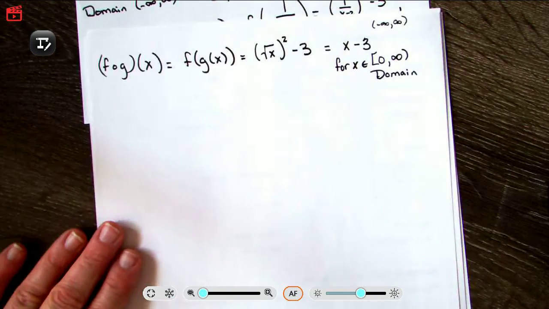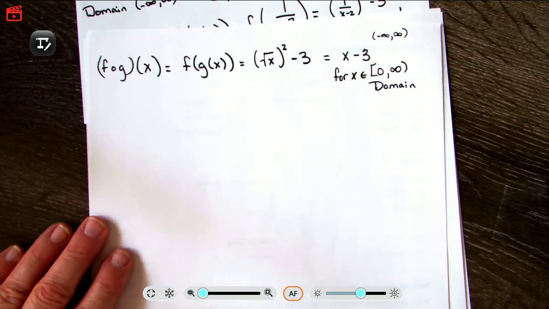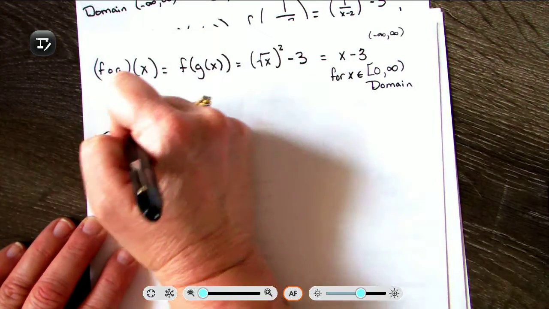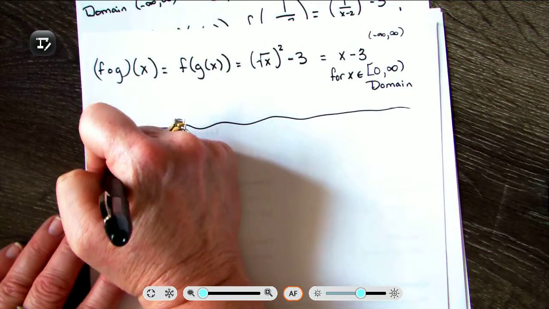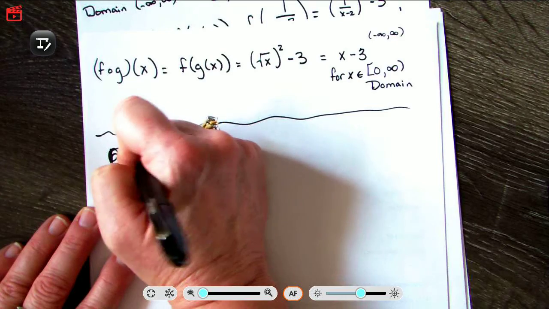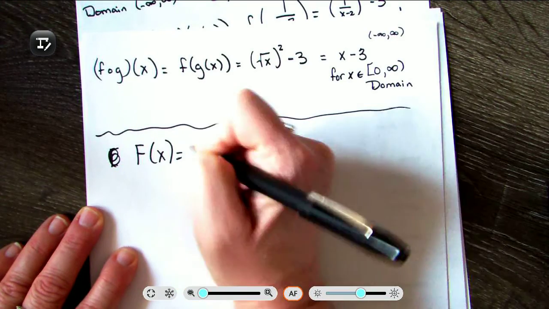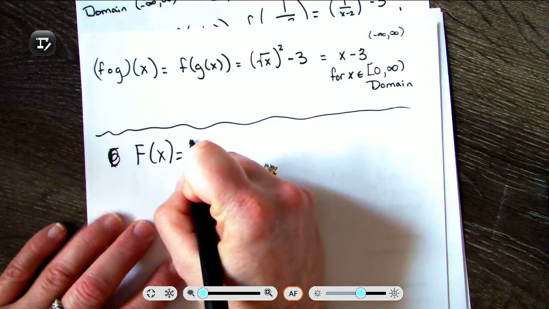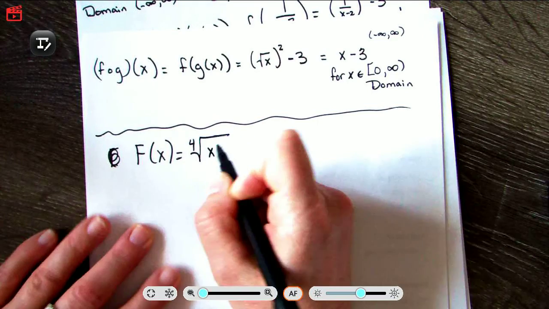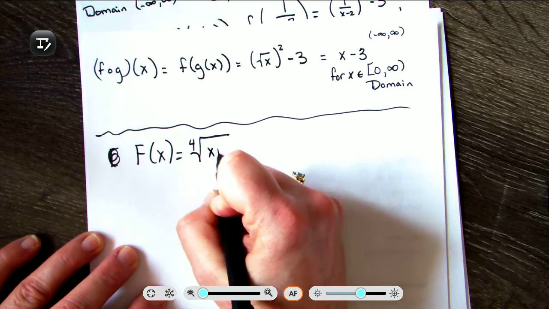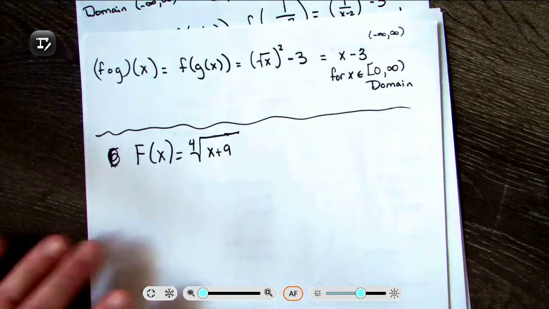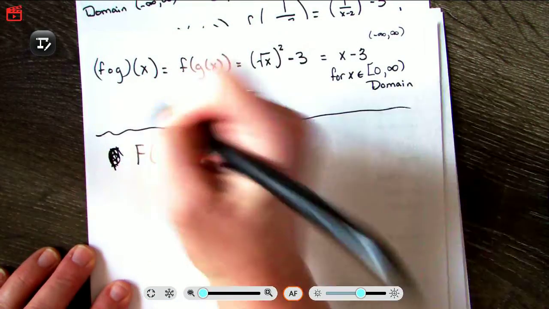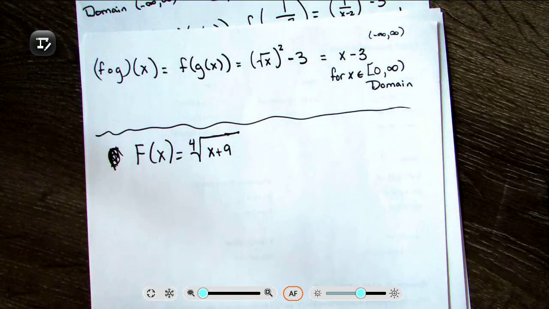I'm going to do one more problem that comes from a calculus concept, and students always have no idea what to do. So I'm going to come up with a function here. We have the 4th root of x plus 9. So we have a capital F equal to this function.